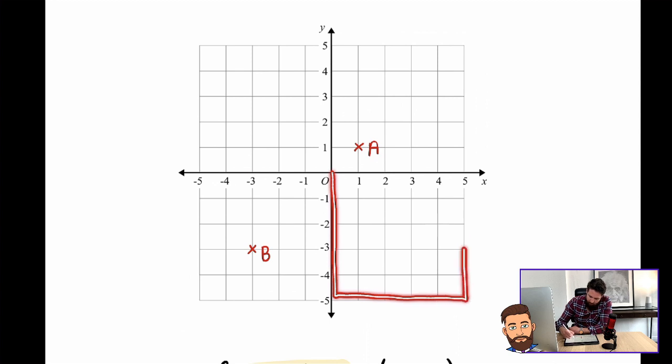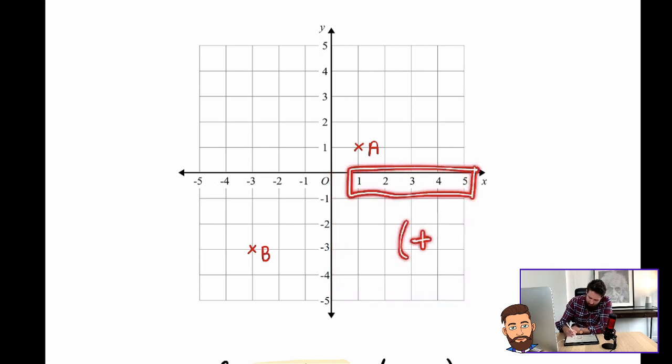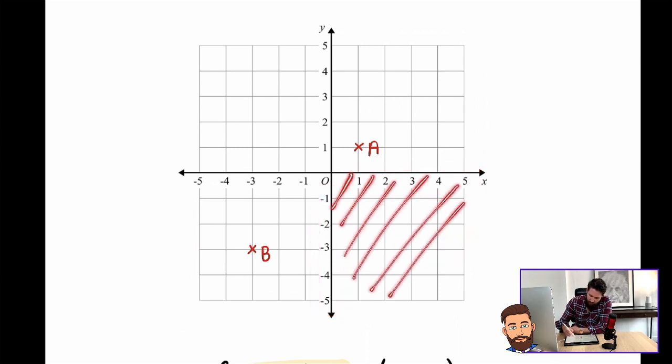And if you were to think about this quadrant here, what represents that quadrant? Well, that is when x is positive and y is negative. So this quadrant here is when x is positive and y is negative.